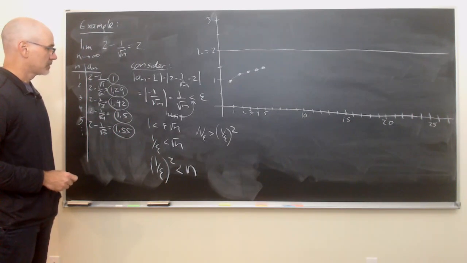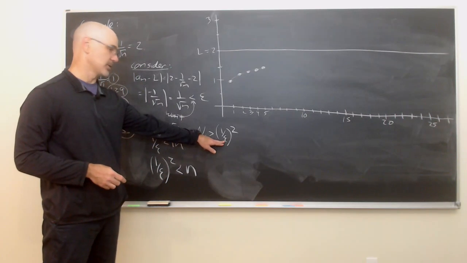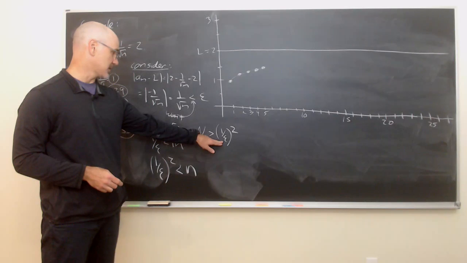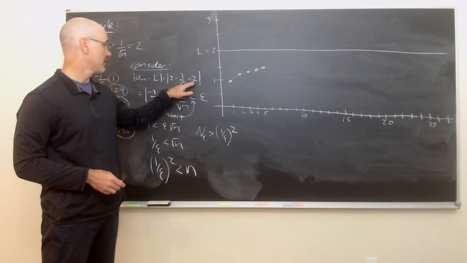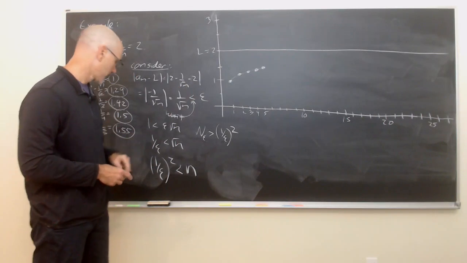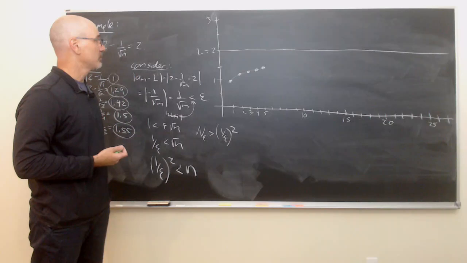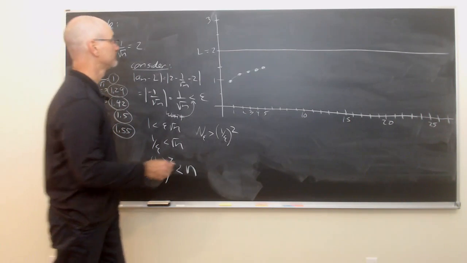All right, so let's see what happens if, for example, we took an epsilon equal to 0.5. How far would we have to go out in the sequence to guarantee that the sequence members are within 0.5 of the target limit 2? So geometrically, what that means is we put what we call an epsilon band around the target limit 2.